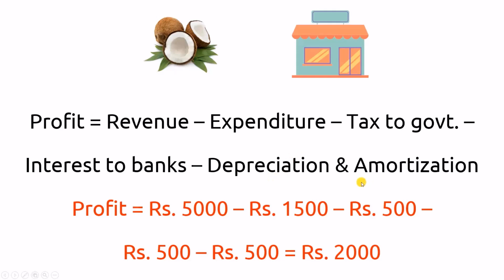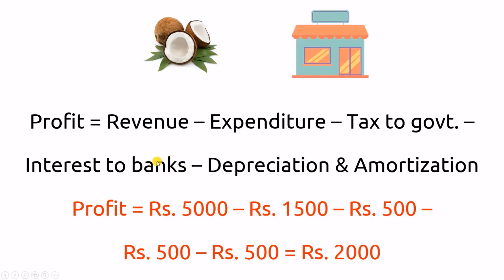Do not worry too much about this. But this also has to be paid from revenue. So, revenue minus expenditure minus tax to the government, interest to the banks, and depreciation and amortization. After reducing all this from the revenue, what you get is profit.